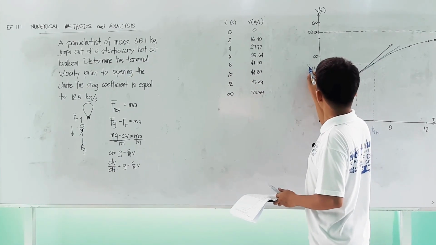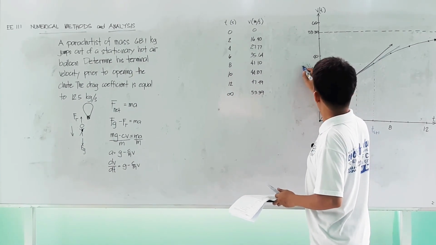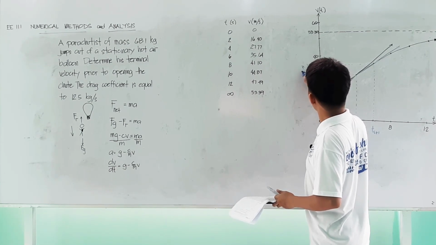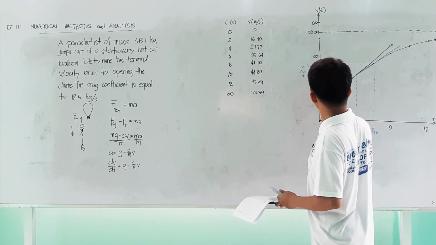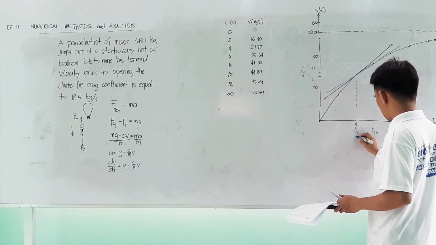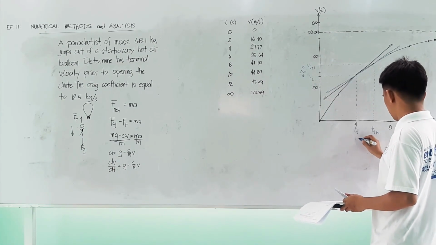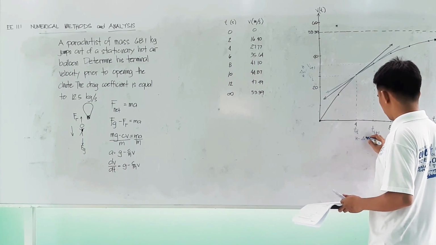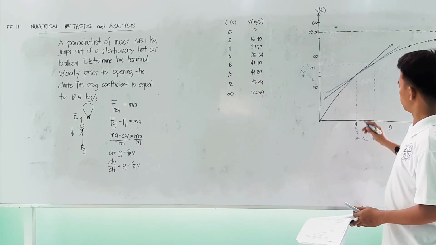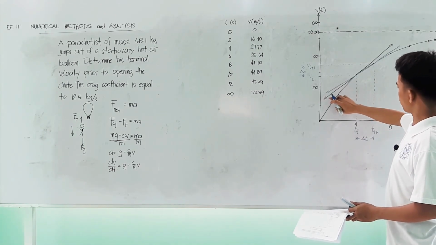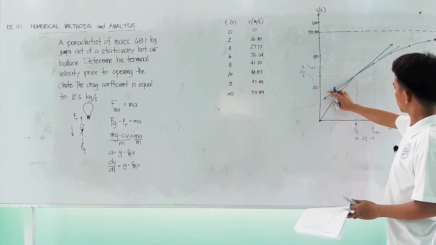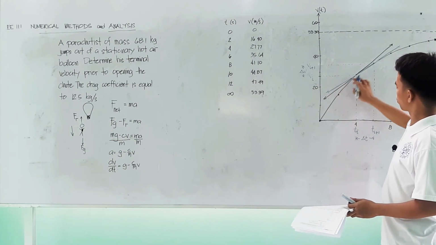That means we can have this one as our delta v, then this one as our delta t. So we have approximated this slope by this slope, the blue slope, the blue line.